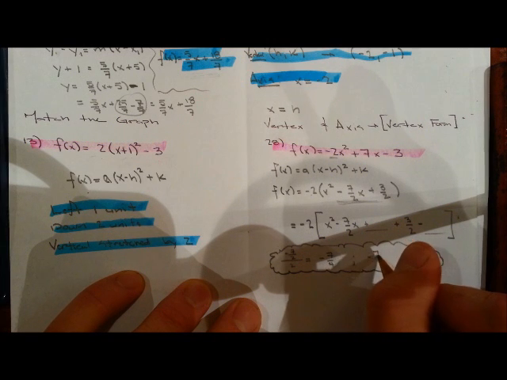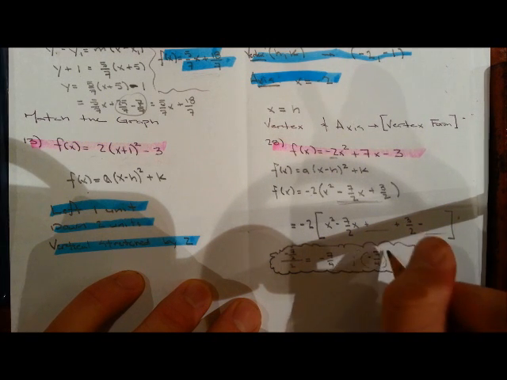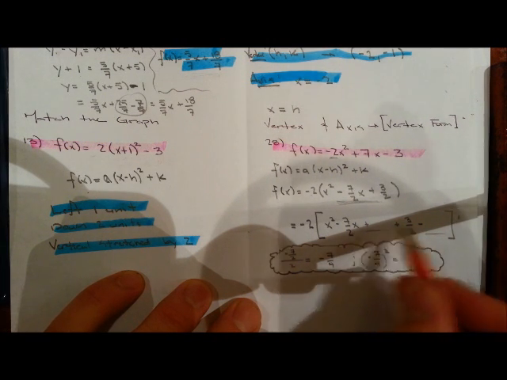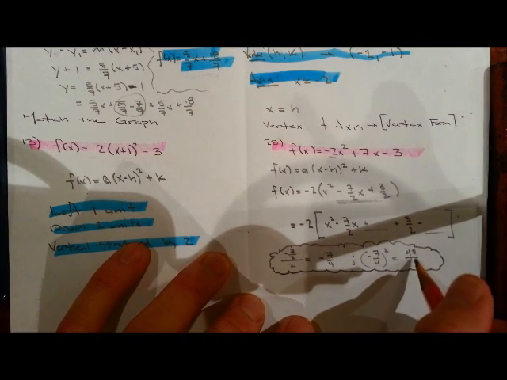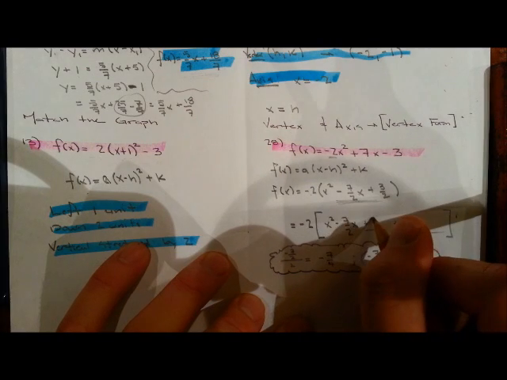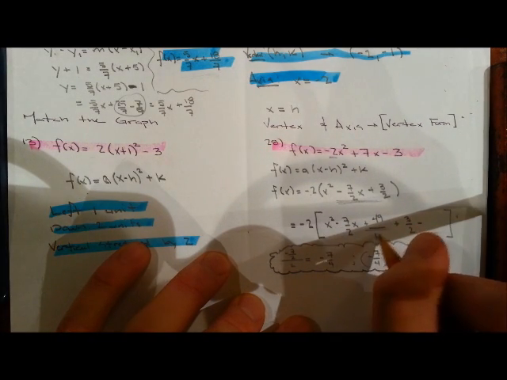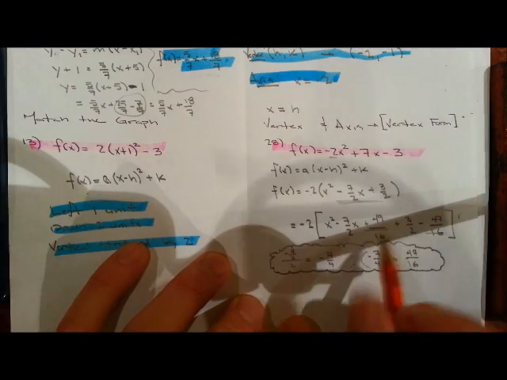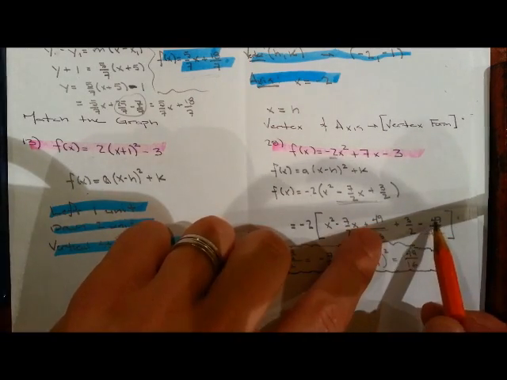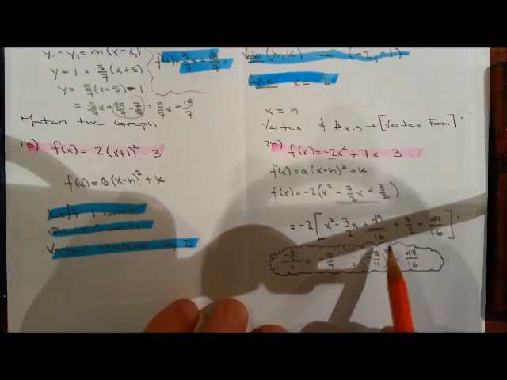So I'm going to take that negative 7 over 4 and square it. That's going to be the value I plug in here. So that becomes 49 over 16. I'm going to add and subtract 49 over 16, because if I cancel these out, I can go back to my original equation.